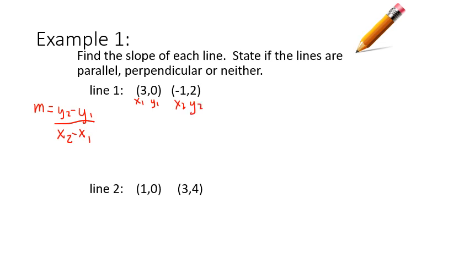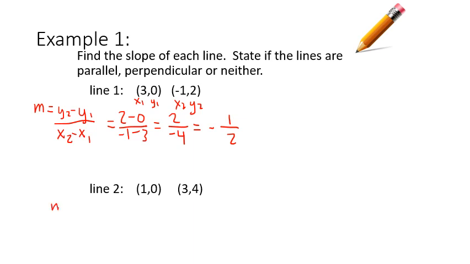If I continue with the formula, y2 is 2, minus y1 is 0, divided by x2 is negative 1, minus x1 is 3. When I simplify, 2 minus 0 is 2. Negative 1 minus 3 is negative 4. My slope will be negative 2 over 4, which simplifies to negative 1/2.